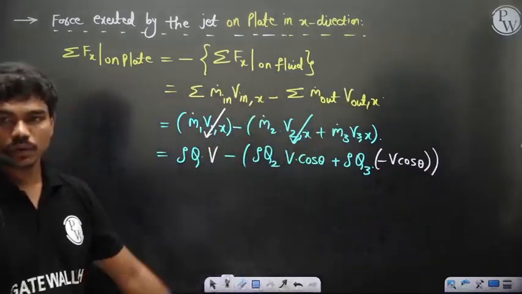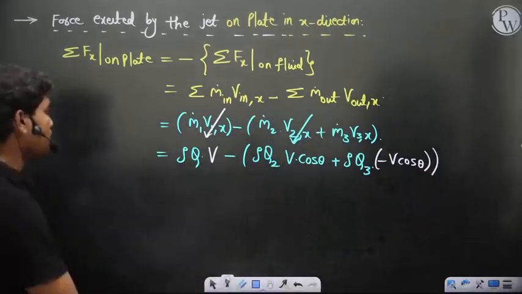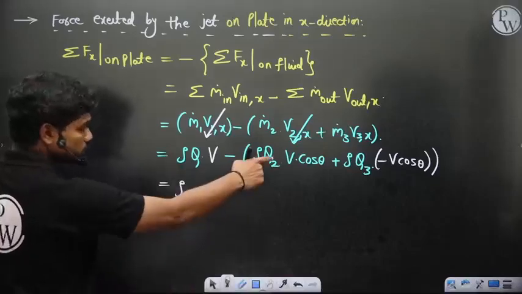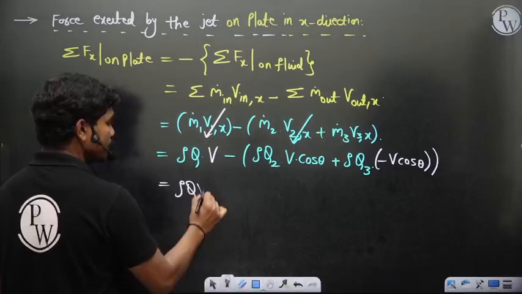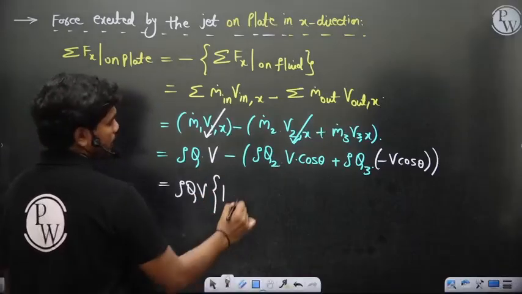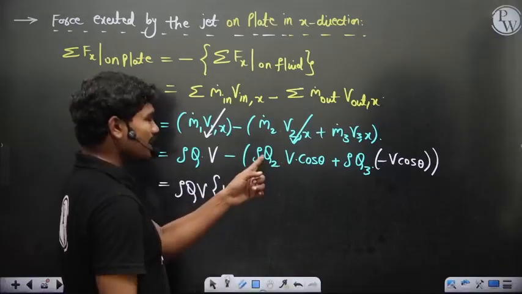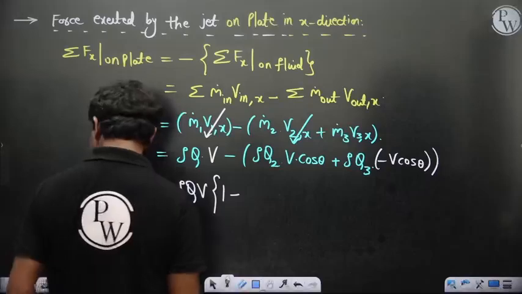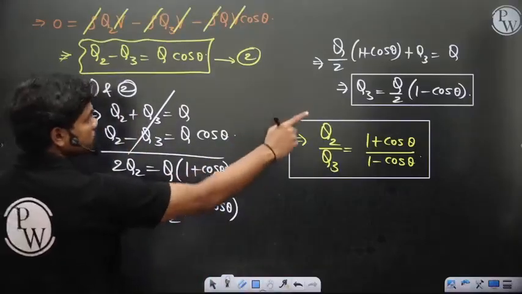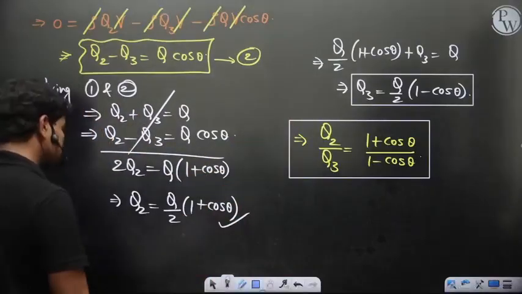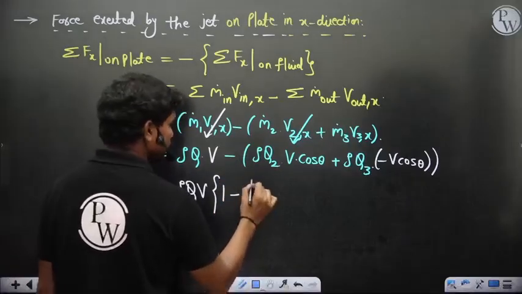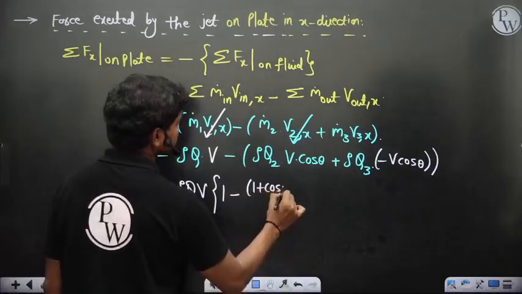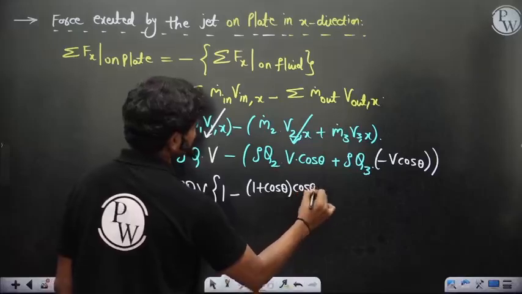Okay, so let's simplify these things then. Rho Q v, if you take common, this Q2 can be written as Q by 2 into 1 plus cos theta, correct? So this would be 1 plus cos theta into cos theta by 2, correct?